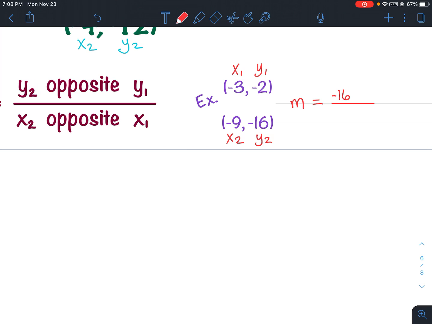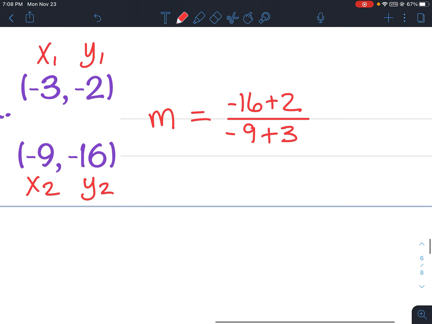Well, what is the opposite of -2? The opposite of -2 is +2. And then it would be x2, which is -9. And then the opposite of x1. Well, the opposite of -3 is +3.